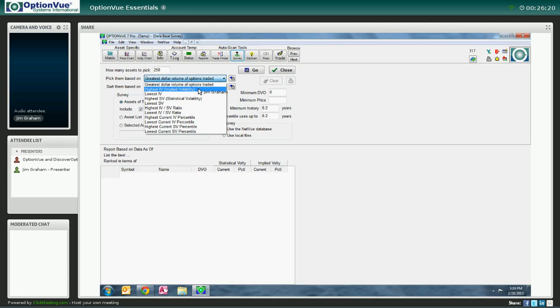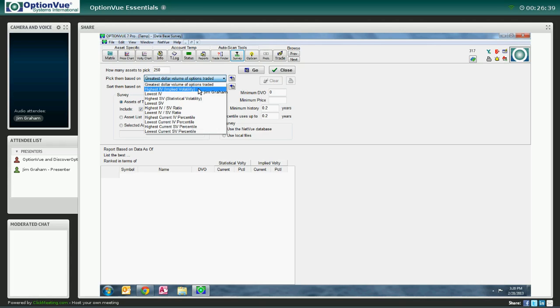If you think about it, the highest IV-SV ratio means implied volatility is much higher than SV, or what would be considered the options are very expensive relative to how much it actually moves. And the lowest IV to SV ratio, the opposite: the options are really cheap relative to how much it moves.